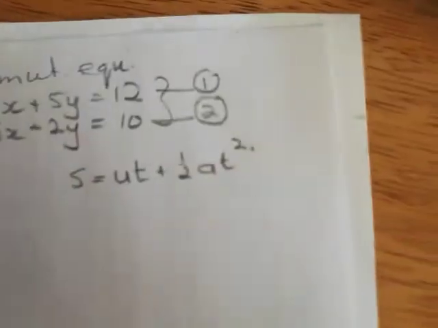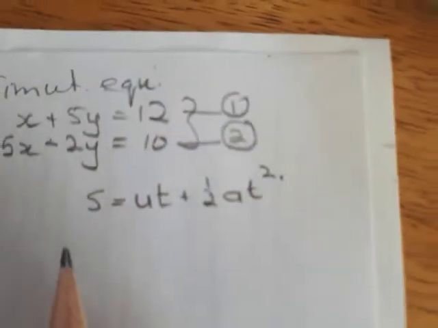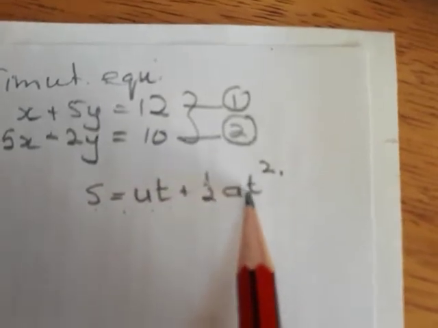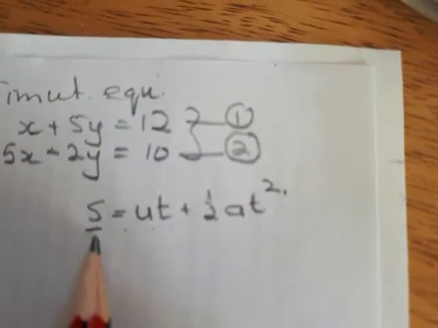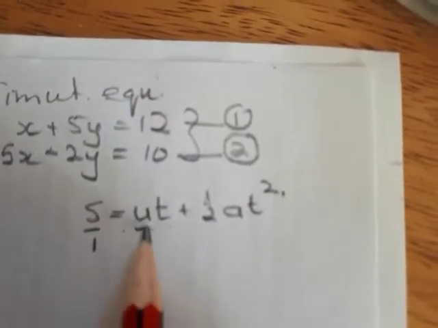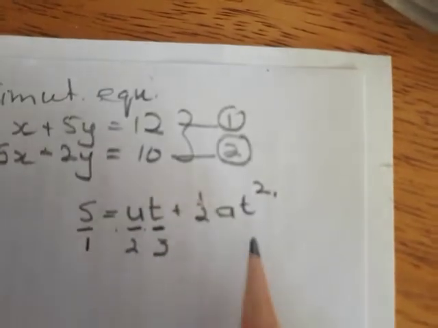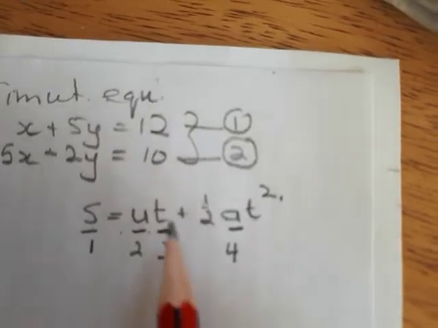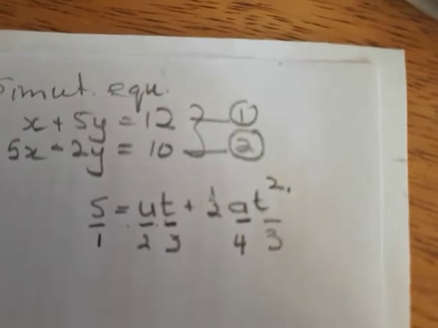So I want to go to the example that she has given you, which reads S equals ut plus a half at squared. If you count the variables, people, the S is the first variable, the U is the second variable, the T is the third variable, the A is the fourth variable, and this T and this T must obviously be the same, so that is the third variable.